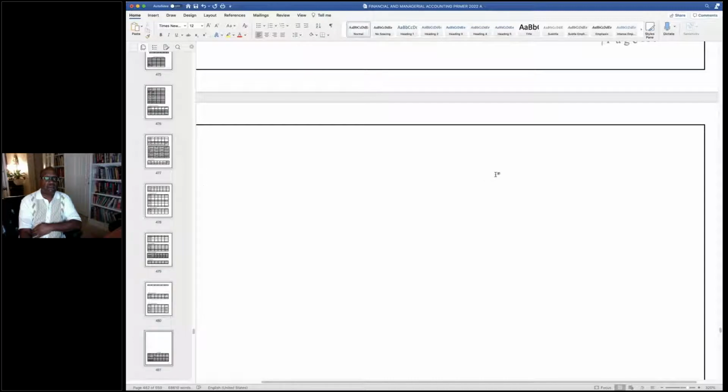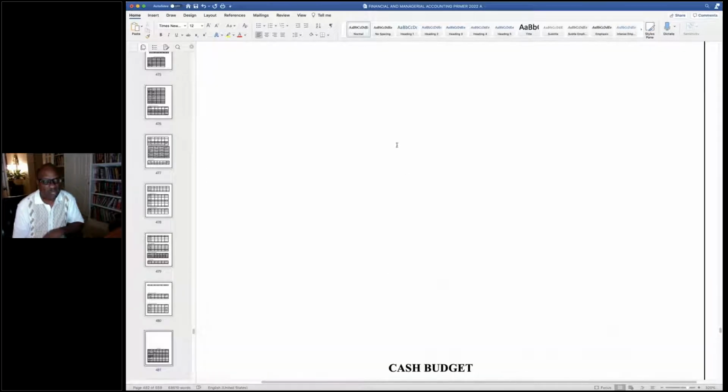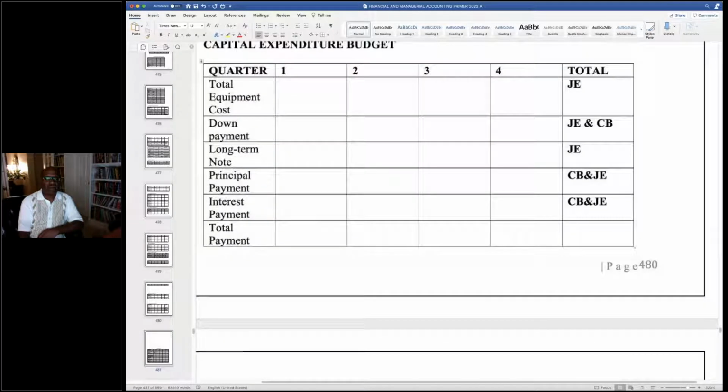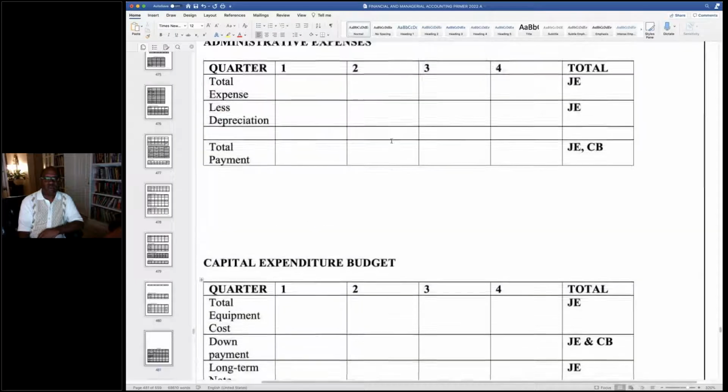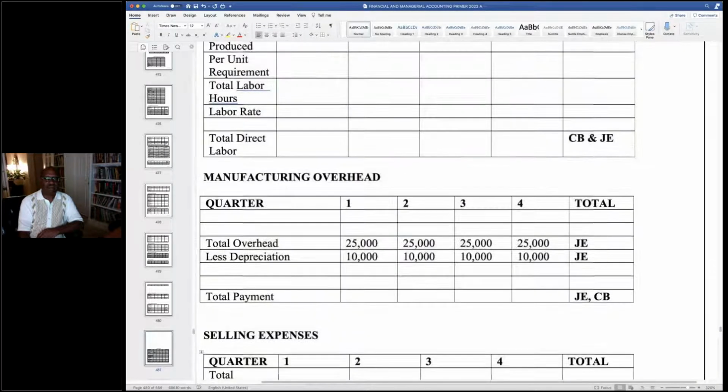So Professor Boyd, we have to do two things. We have to do the journal entries that you put next to the teams, and then we also have to go back and put information in for the budget. Correct. You got those two things to do. So do we have to make our own journal entries? Because on the file that you sent us, it doesn't have those, like where you put the teams. It just has the budgets.